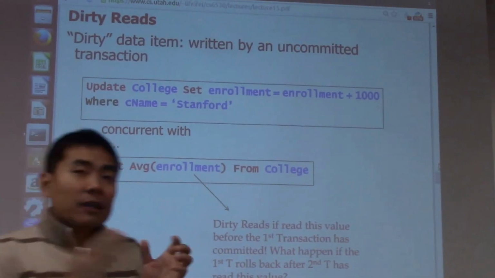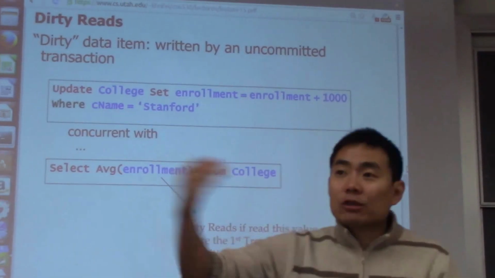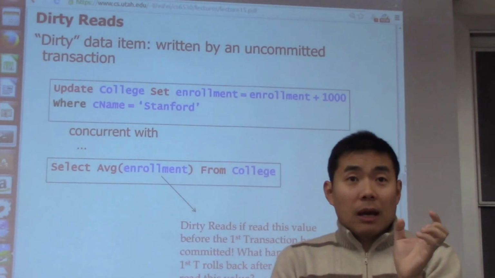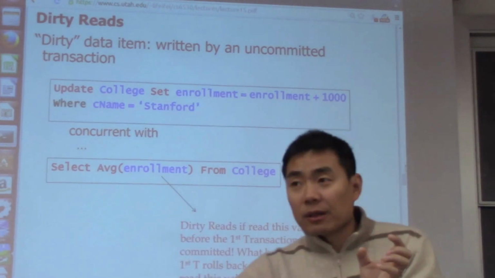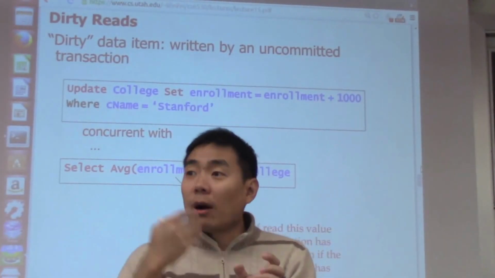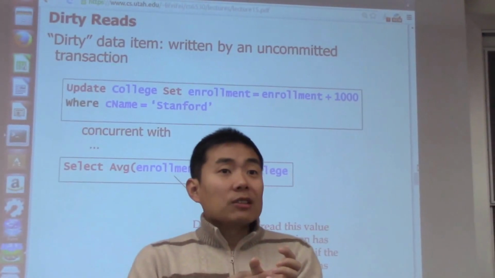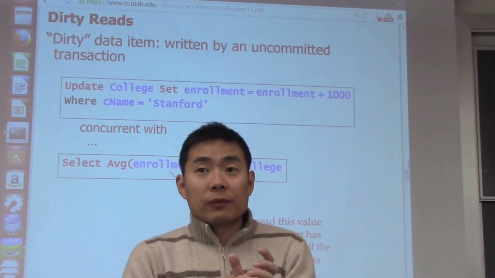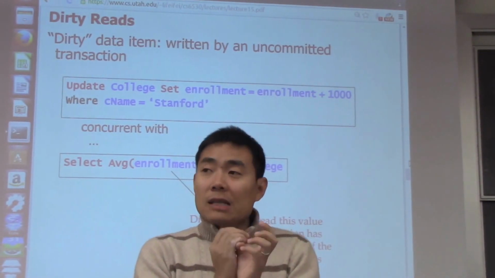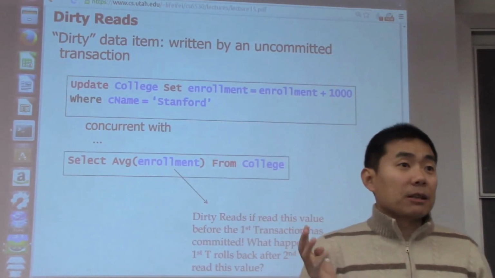And this is a dangerous act, because other transactions who start reading this value and using this value for their calculation will be forced to abort as well, because you are making a wrong decision based on a wrong value. Does it make sense? So a dirty data item is dangerous to a database management system.